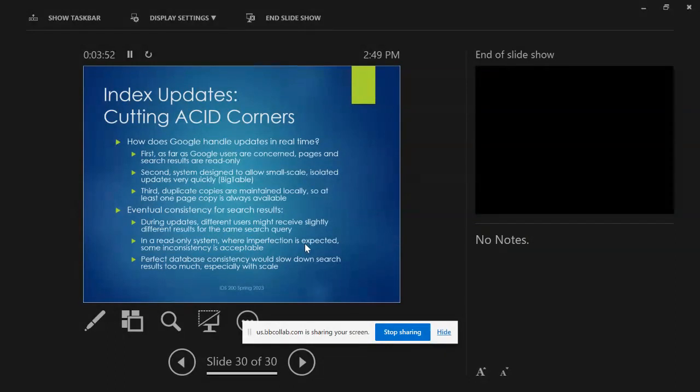But number one, perfection isn't really expected at Google. This isn't like withdrawing Bitcoin from your online wallet. This is just getting some search results. People understand that it might not be perfect. You might get some junk in there. But number two, most of the time, changes aren't going to happen. Even when changes happen, they happen really fast.